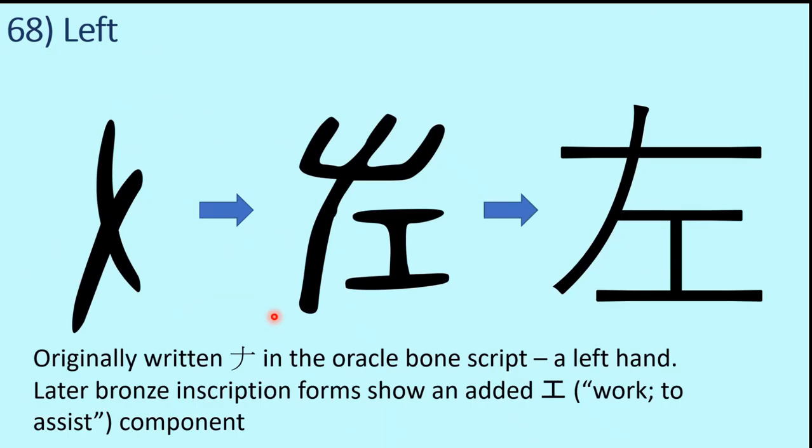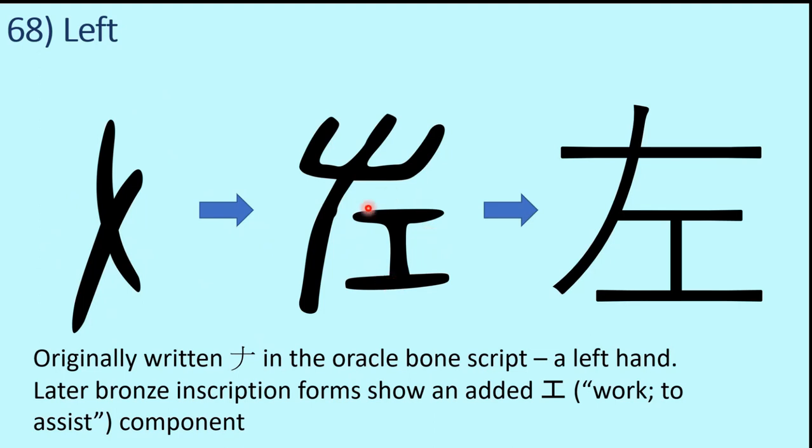This is how this kanji symbol has evolved. This is the original version, which represents a left hand, originally written like this in the Oracle bone script. Later, in bronze inscriptions, this portion was added, which represents work or to assist.